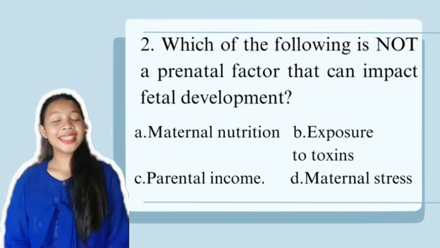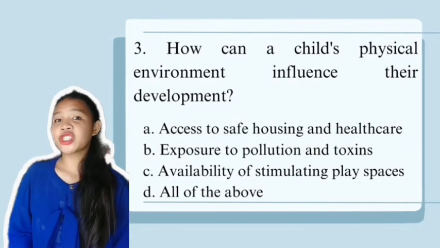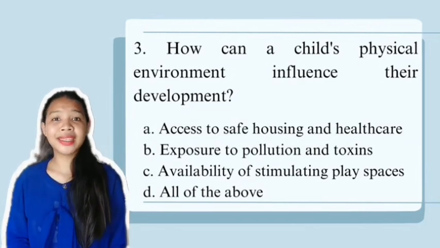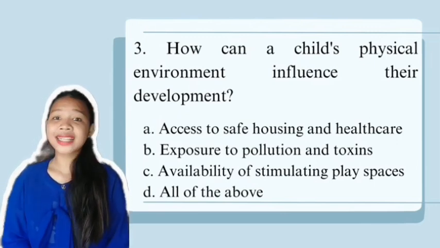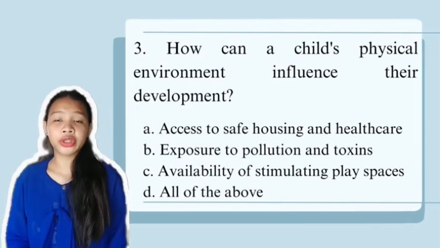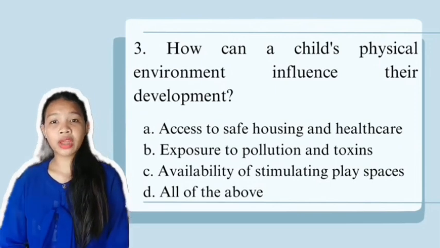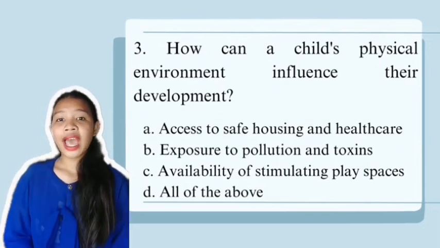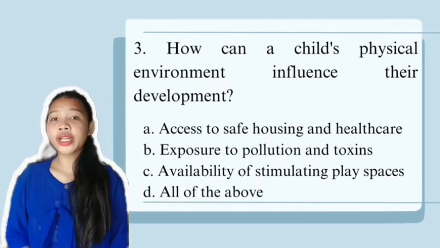So are you done class? So now let's proceed to question number 3. How can a child's physical environment influence their development? Letter A, access to safe housing and health care. Letter B, exposure to pollution and toxins. Letter C, availability of stimulating play spaces. Or letter D, all of the above.